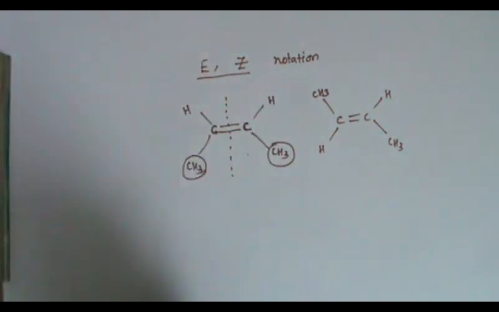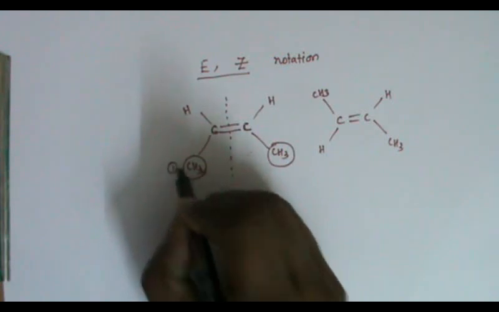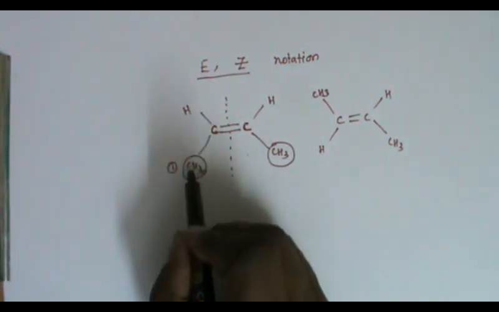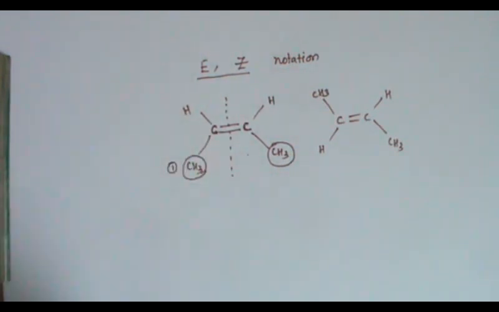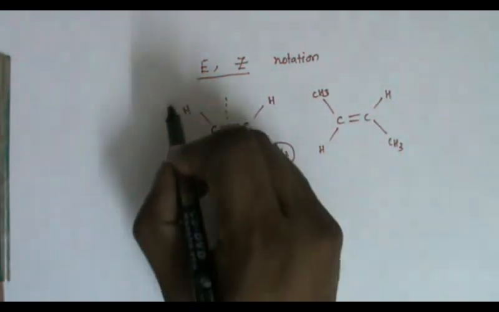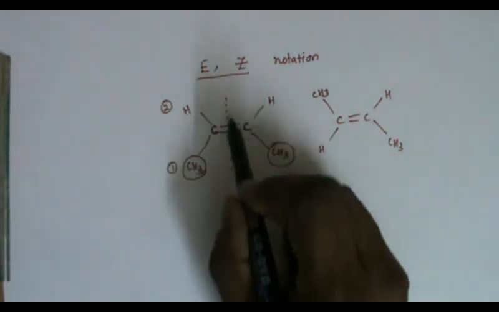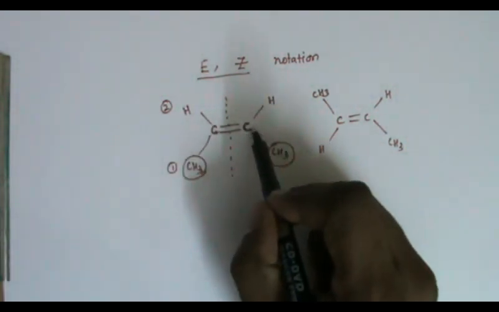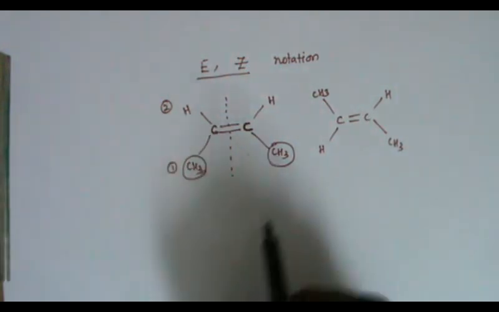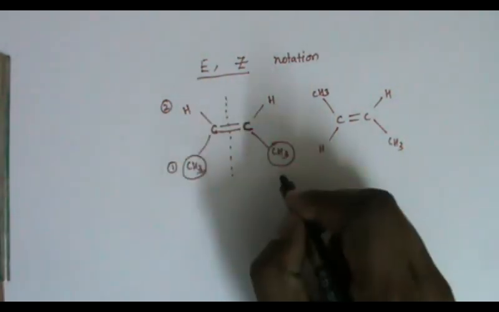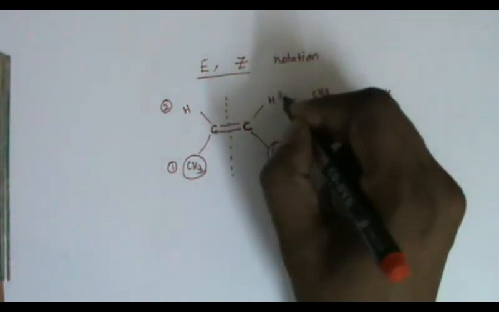In this case, the highest priority goes to this, because the carbon is attached to this carbon, atomic number 6. So I give priority 1 for this methyl group and 2 for this, because only two groups are there. The same way I go for the other carbon atom. It has two groups, one methyl and another a hydrogen atom. So priority 1 for this and 2 for this.